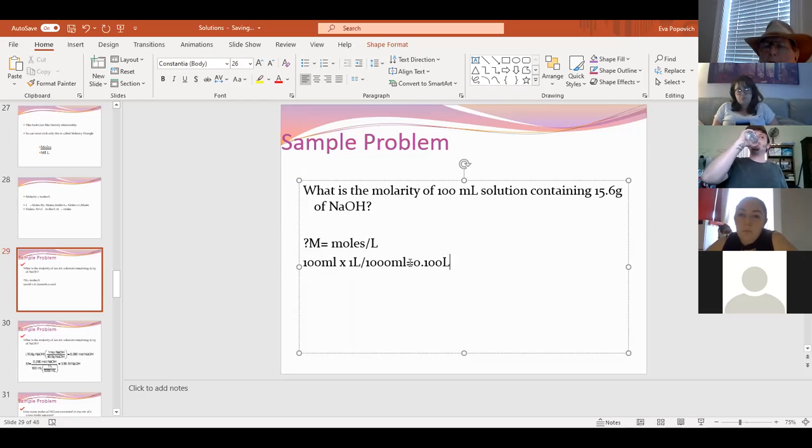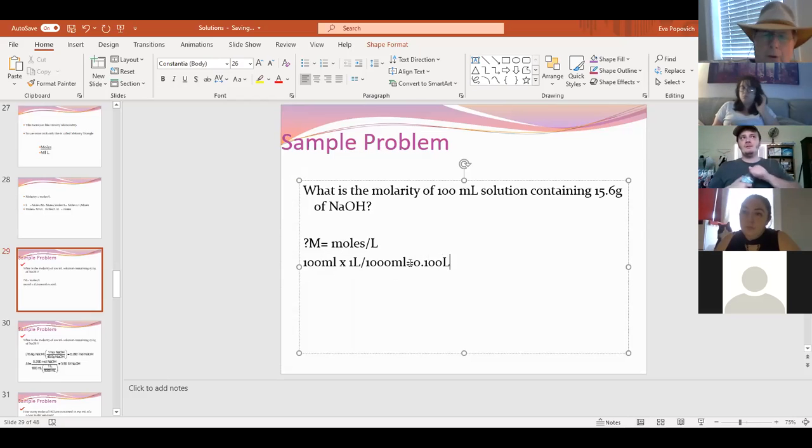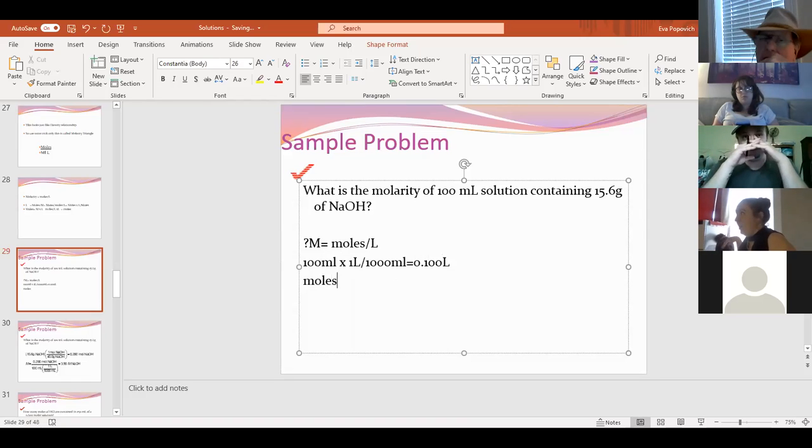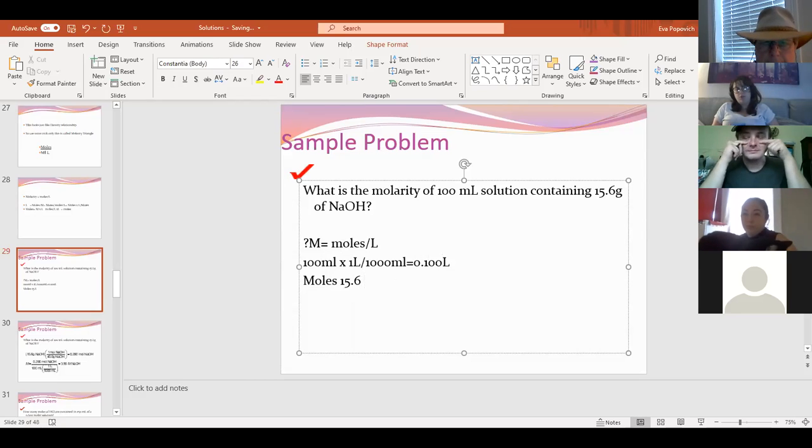Okay, so I have 0.100 liters. All right. Do I have a way of getting moles? Yes. How do I have it? You have to take 15.6 grams times 1 mole over the molecular weight of NaOH.